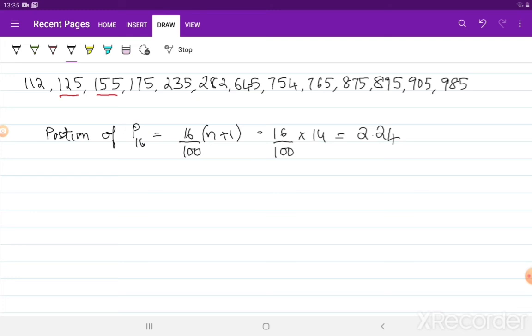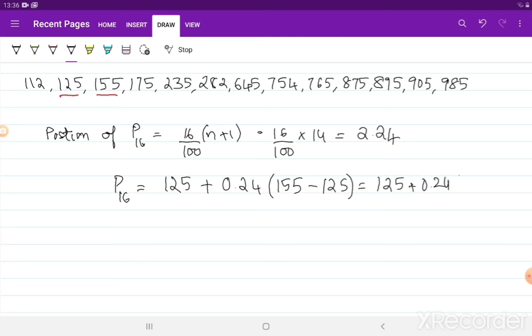To find the actual value of P16, I take the second value 125 plus 2.24 minus 2, that's 0.24, times the difference between the second and third values. 155 minus 125 is 30, so that's 125 plus 0.24 times 30. This is your P16.